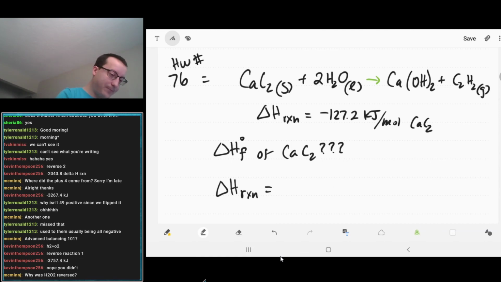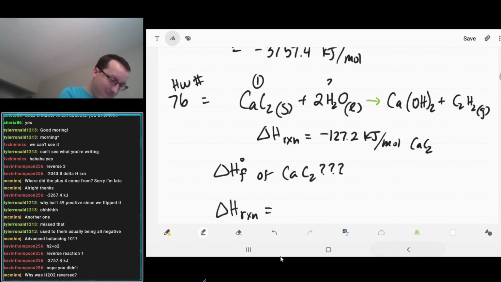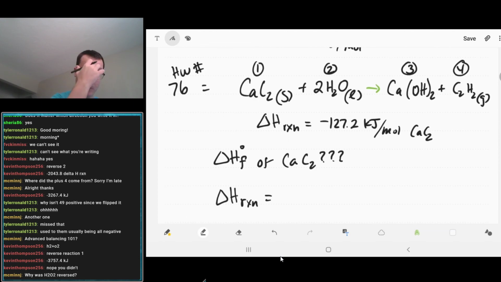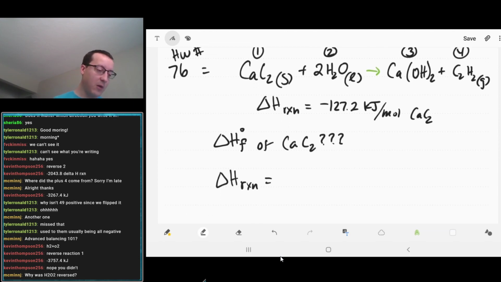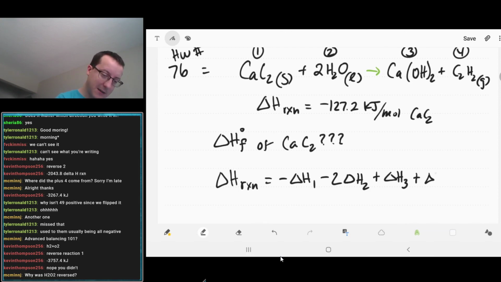If we think about it, we have 4 compounds here, right? We're going to need negative delta H1 minus 2 times delta H2 plus delta H3 plus delta H4.